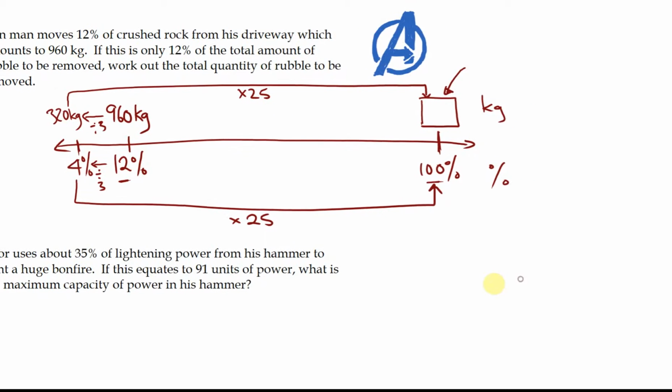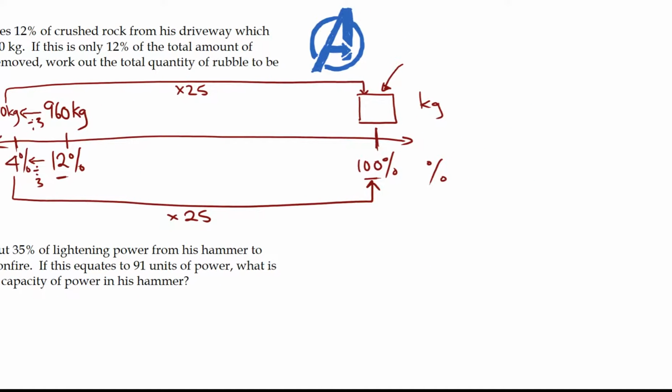So let's do a little bit of number working on the side here. 320 times 25. If I split that up, that's the same as 320 times 20 plus 320 times 5.